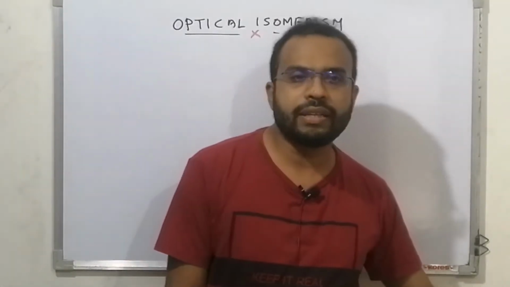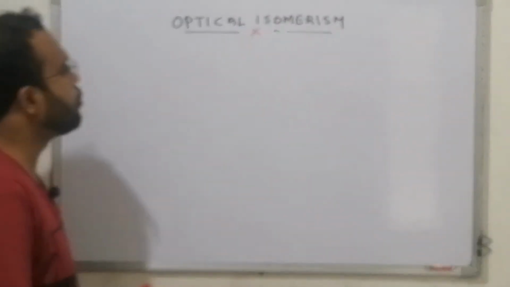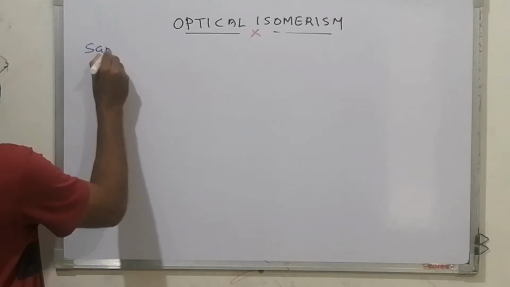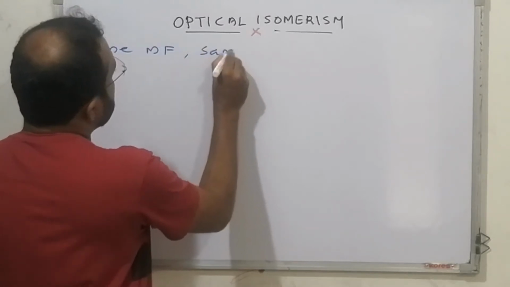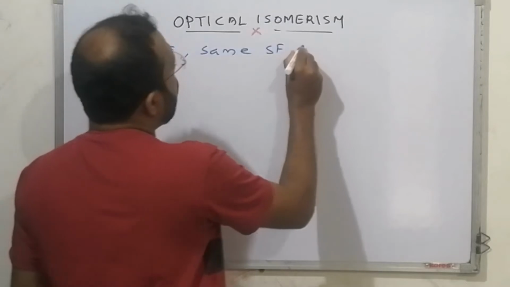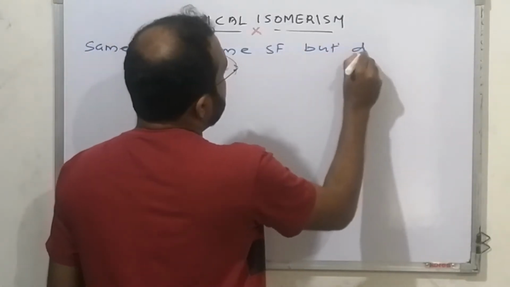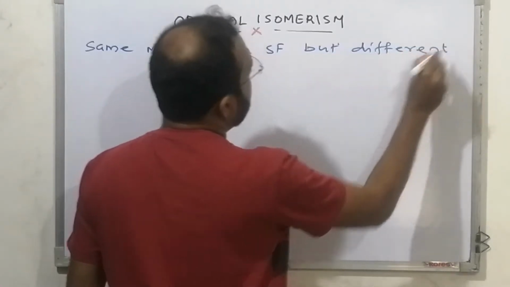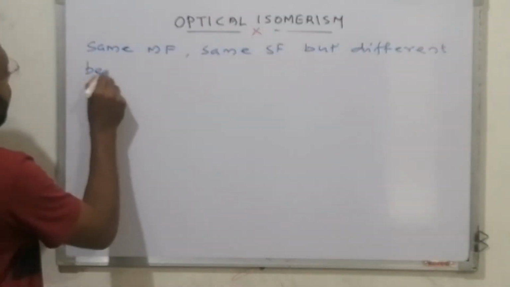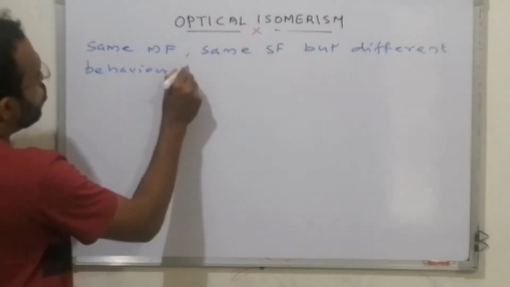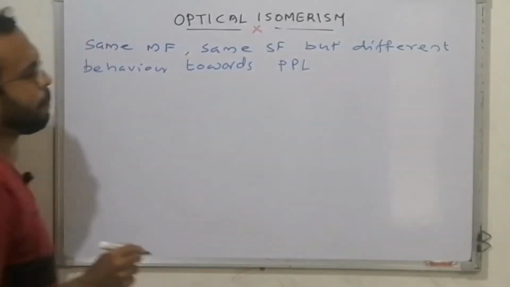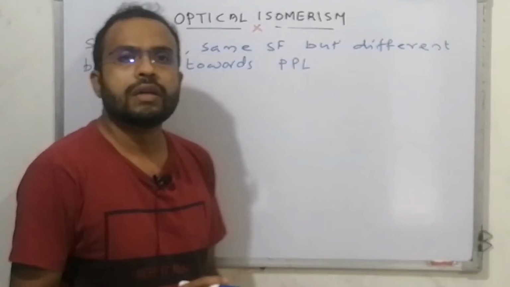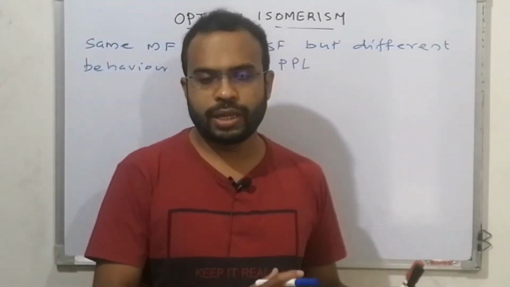Optical isomerism is defined as same molecular formula, same structural formula, but different behavior towards plane polarized light, PPL. This is what we call optical isomerism.